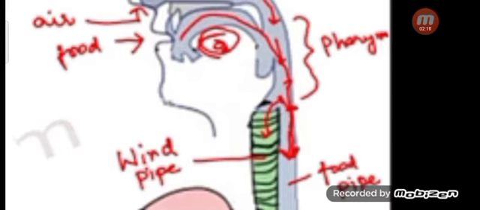The greenish line you can see on the screen is called the windpipe, and the light bluish one is called the food pipe.